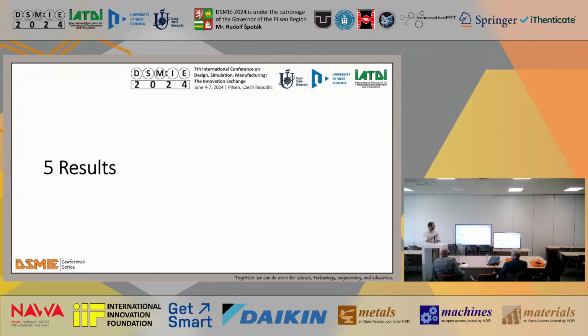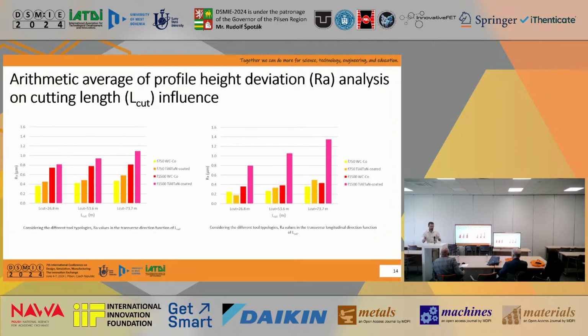So, starting with the results, the surface roughness was measured in the longitudinal and the transversal directions. Here in this case, we have the influence of the cutting length in the surface roughness. RA, or the arithmetic deviation, was the main parameter measured to compare the different tools.